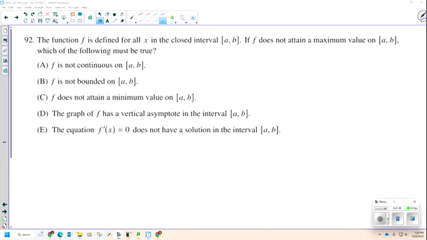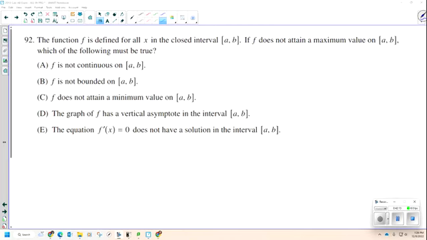This is all explanation and understanding. It's really no calculus. So I'm just going to draw some things really quick here. f is not continuous. That is obviously, to me, the answer. That must be true. How so?